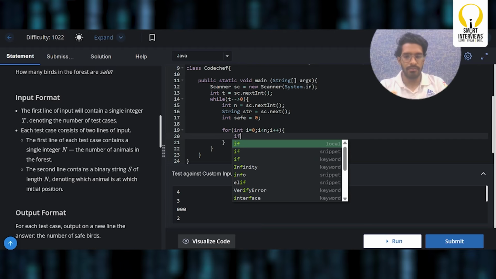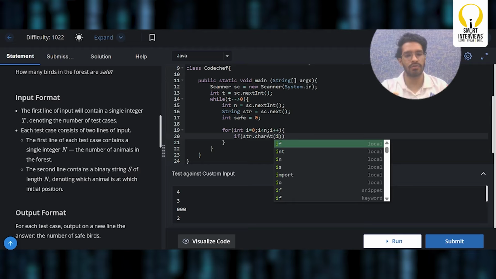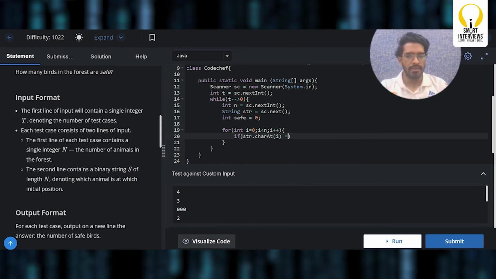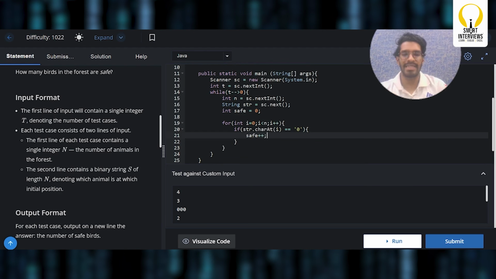So can we simply write it as, if str.charAt(i), I have to see what animal is sitting at the ith position. So I'll simply check if str of i is equal to 0. So if it is a 0, we know that it is a bird and no wolf has eaten it so far.